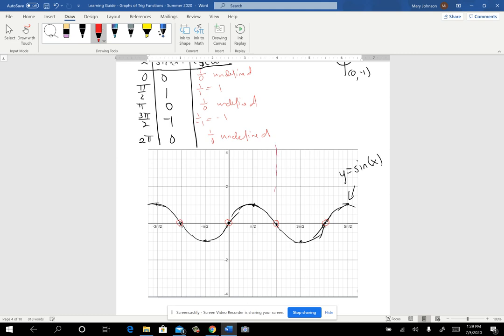Right there, you're going to need to put these dashed lines that represent vertical asymptotes. They're not actually points on the graph, they're spots where there are no points. And then you notice that this spot is also a point on the cosecant graph, and this spot is also a point on the cosecant graph.